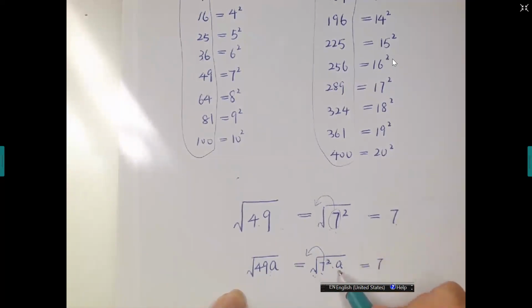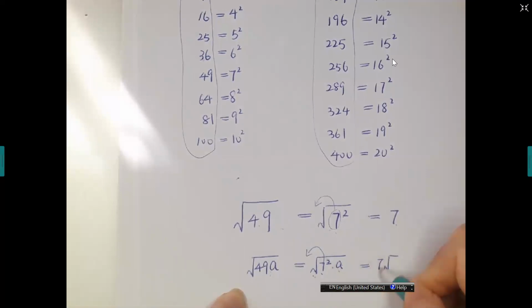How do we deal with a? Can we move a out? No, because this a does not have a square term. It does not have a power. It has to stay within the radical symbol. A stays here. And this is the final answer. We say we have simplified this radical expression because we have moved whatever we can out of the radical symbol. 7 is moved out.